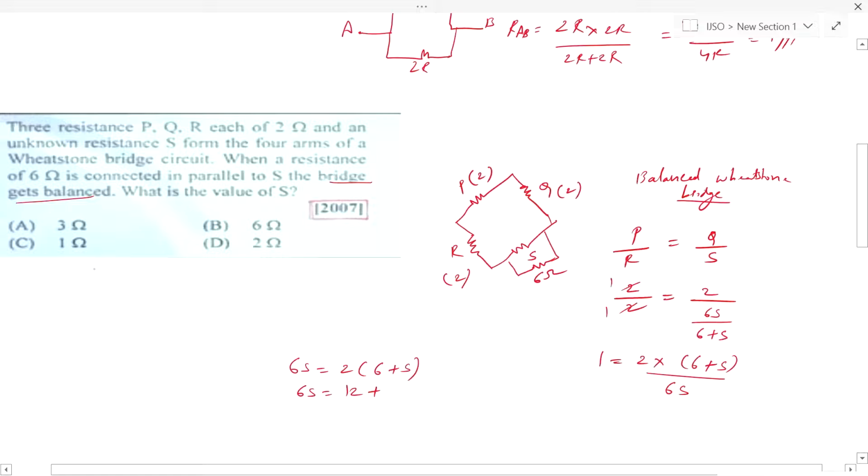S equal to 3. Clear? Even you can do it like this. To balance, this has to be 2. To follow this condition P by Q, 6s upon 6 plus s has to be 2. Even by that way, the answer will be the same. Answer is 3 ohms.